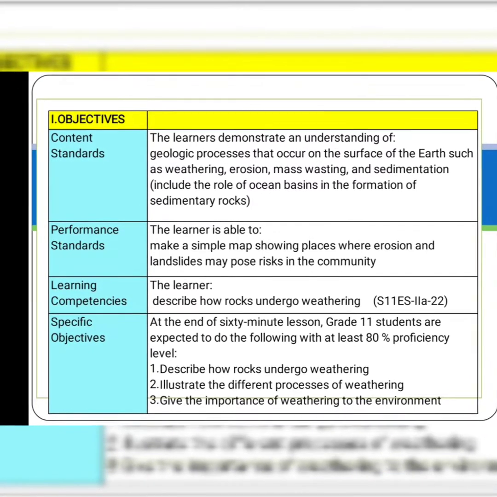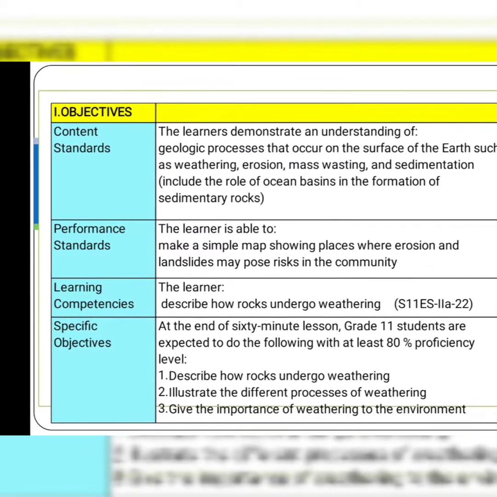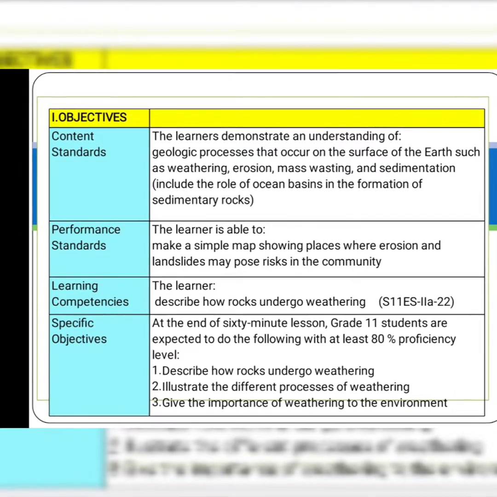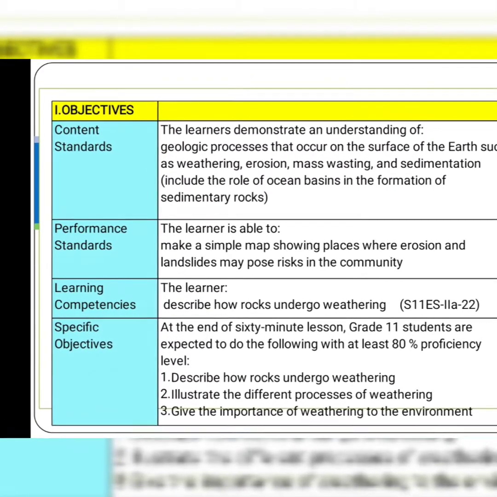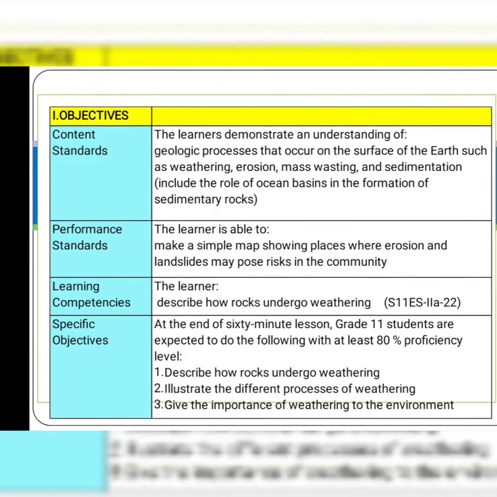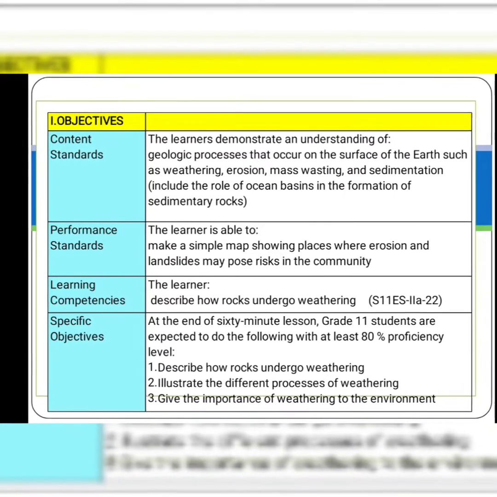So why is it important to understand and know the learning competencies? From the learning competencies, you have to craft the objectives. Your specific objectives will base its verbs on the learning competency.